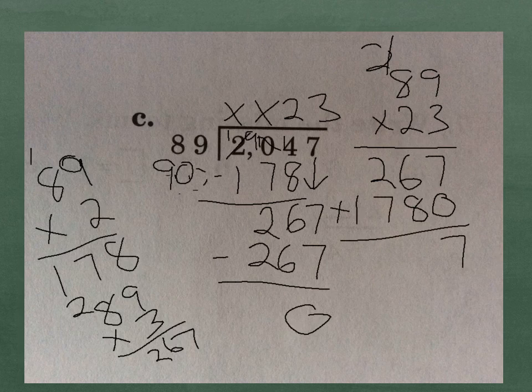We add it up. 7 plus 0 is 7. 6 plus 8 is 14. 1 plus 2 is 3, plus 7 would be 10. 1 plus 1 is 2. 2047 is the same as the number there, so it checks. And our answer is actually 23.